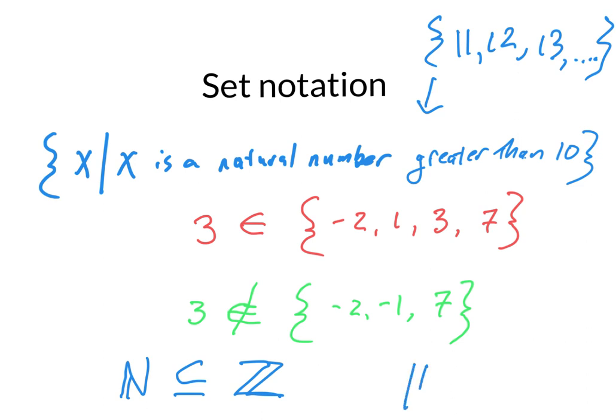So N natural numbers is a subset of all integers. That just simply means that if I look at all of the integers, all of N exists somewhere inside of here. I wouldn't quite say it as an element of, because when I'm talking about element, I'm looking at is something a part of another set.